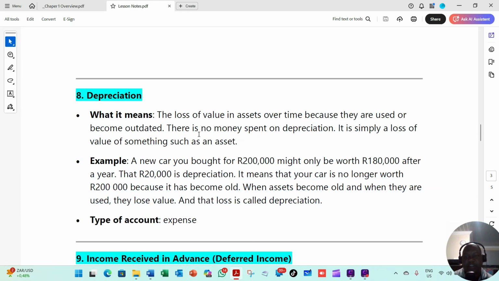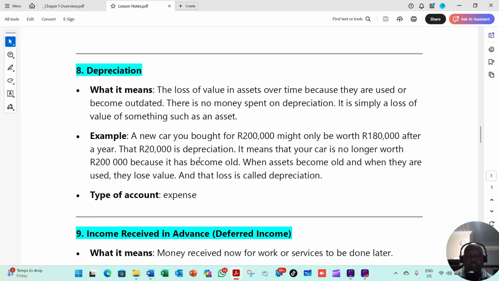And then the next concept is depreciation. This is the loss of value in assets over time. It is not something that we pay in money, but just a loss of value in an asset. For example, assets such as vehicles lose value over time.